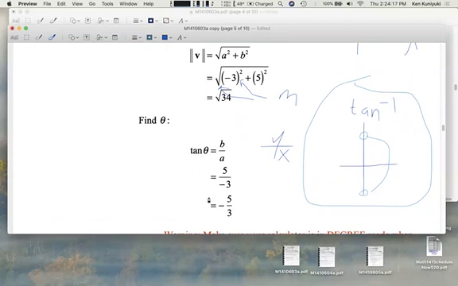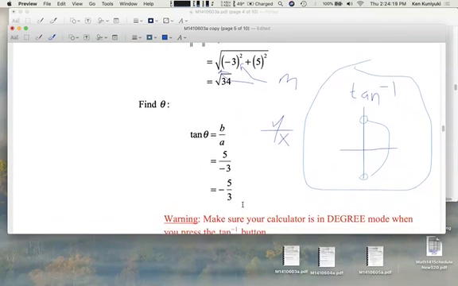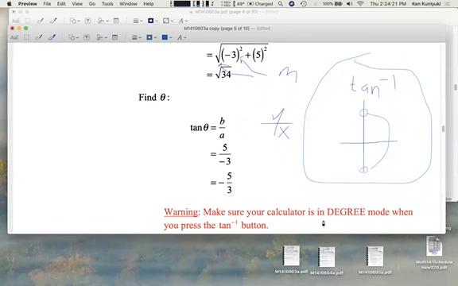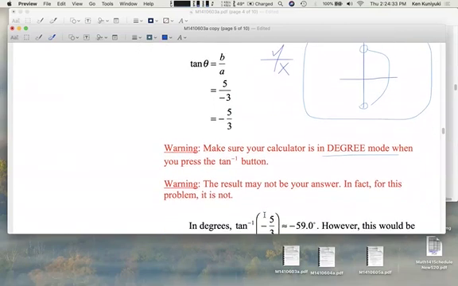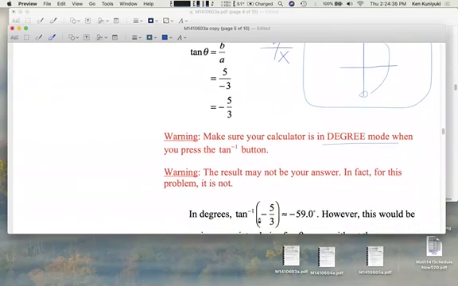So again, tangent theta is -5/3. Remember to put your calculator in degree mode, because in chapter 6, we tend to deal with degree measure. The inverse tangent of -5/3 is -59.0 degrees.